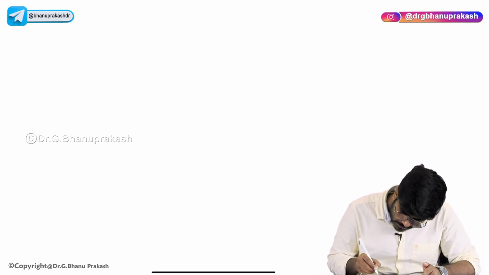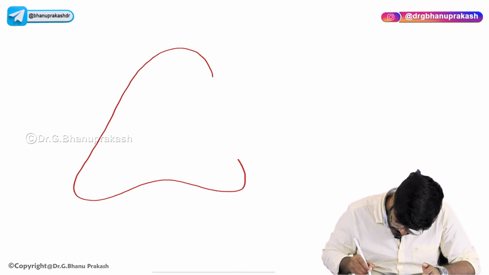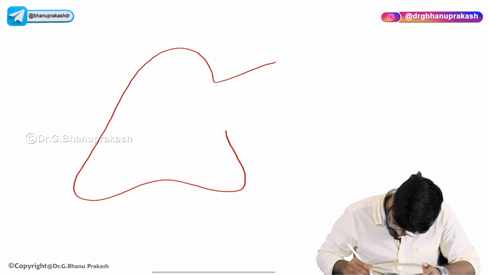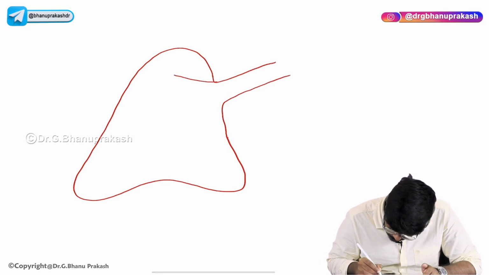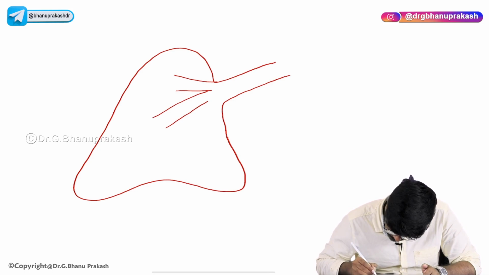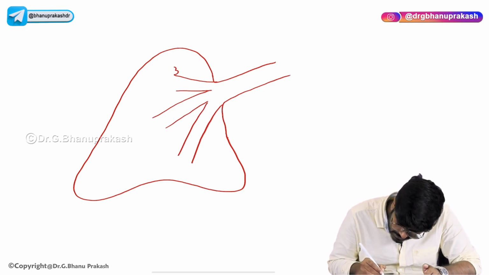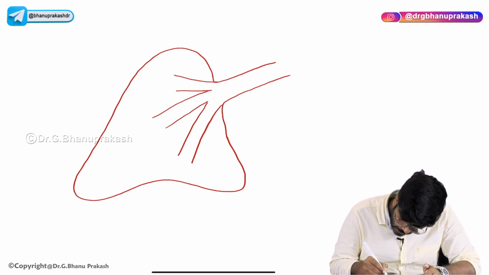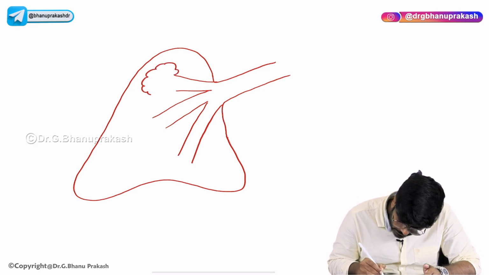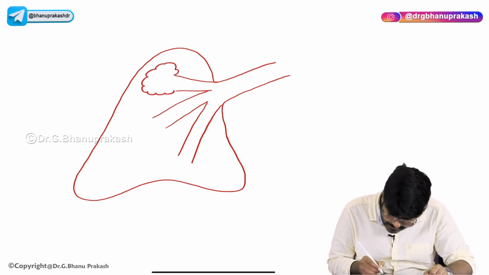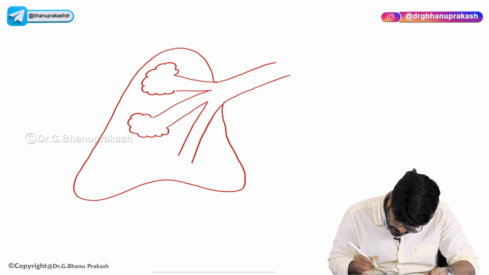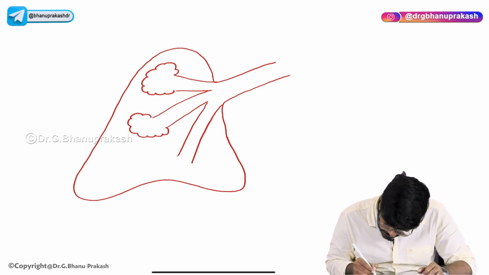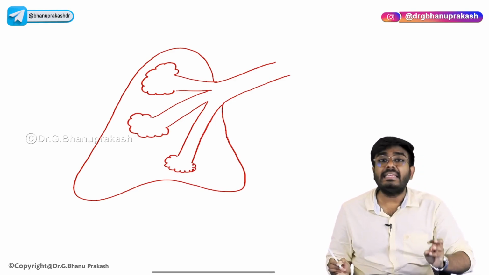Now let's talk about blood flow in lungs. Guys, here I am showing you the lung with the bronchi. Now here these bronchi are going to divide. The important point here is, see, I am intentionally drawing the alveoli in the apex of the lung bigger in size, but when you go to the middle lobe, the alveoli are small, and in the base of the lung the alveoli are even smaller.